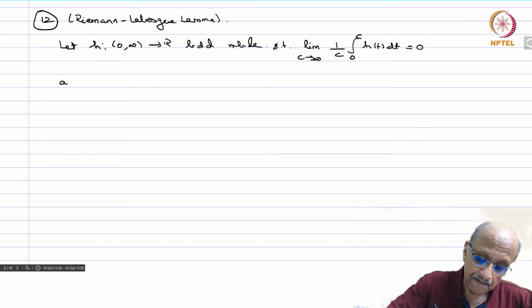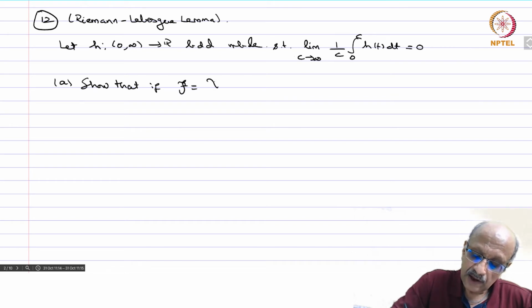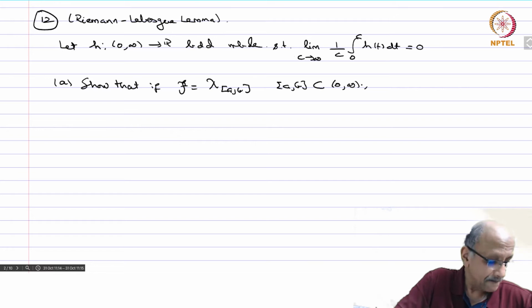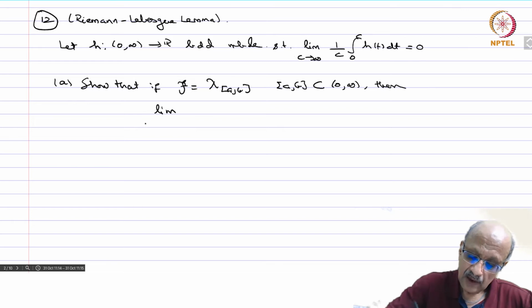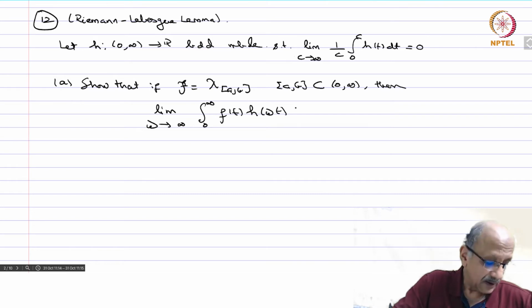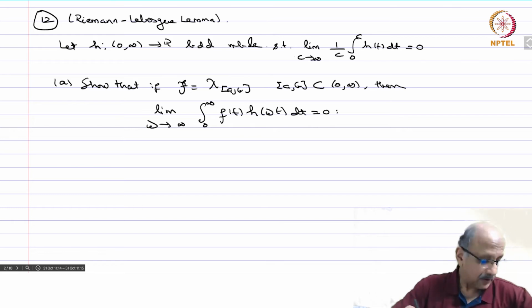Okay, so (a): show that if f equals chi of [a, b], with [a, b] contained in (0, infinity), then the limit as omega tends to infinity of the integral from 0 to infinity of f of t times h of omega t dt equals 0.